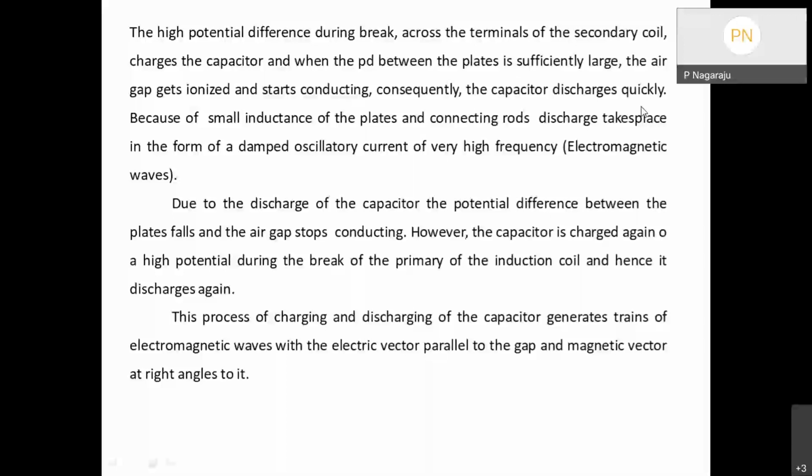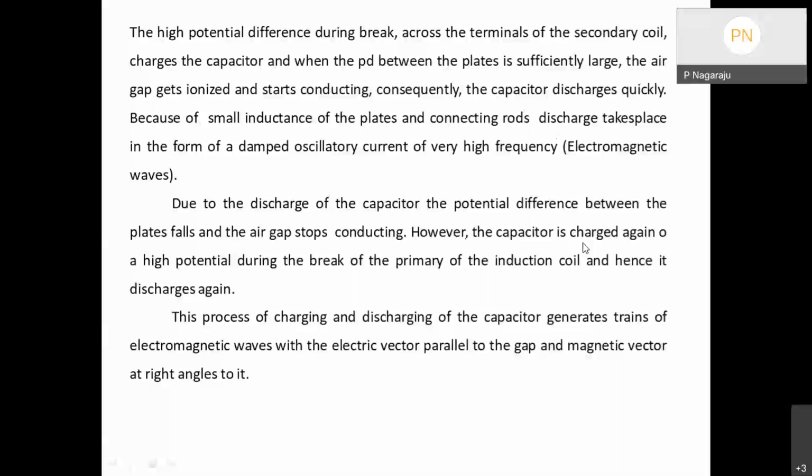Consequently, the capacitor discharges quickly, and there is small inductance of the plates, and connecting rods discharge in the form of damped oscillatory current of very high frequency, which we call electromagnetic wave. Due to the discharge of the capacitor, the potential difference between the plates falls and the air gap stops conducting.